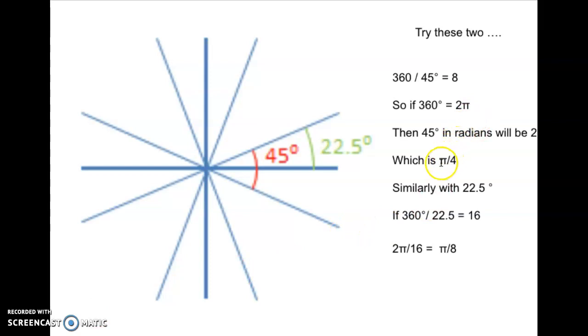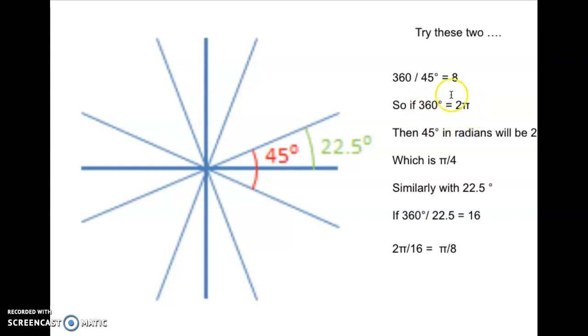So the two answers you should have achieved were pi over 4 for 45 degrees and pi over 8 for 22.5. And how did I do that? Well, first, try and find what fraction of an entire circle 45 degrees is. If an entire circle is 360, then 45 would be 1/8 of a circle, because it's 360 divided by 45. So 360 degrees equals 2 pi.